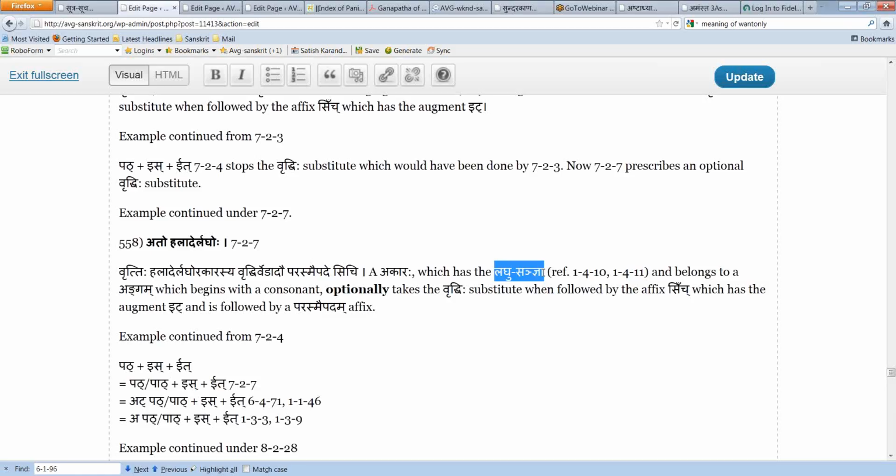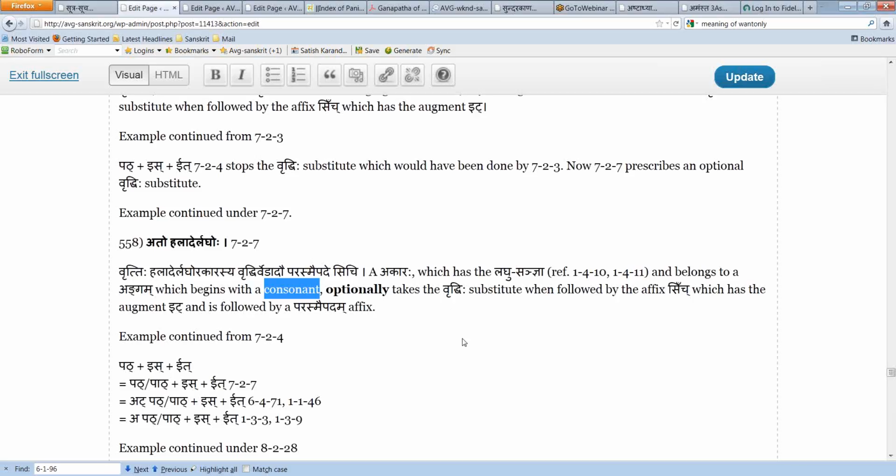Rasvam laghu, but sanyoge guru. So it should be rasvakaraha asanyoge, not followed by sanyogaha. That is laghu. Okay, that is this rasvam laghu sanyoge guru, and belongs to an angam which begins with a consonant. It only optionally takes the vriddhi substitute when followed by sich, which has the augment it and is followed by parasmaipadam.